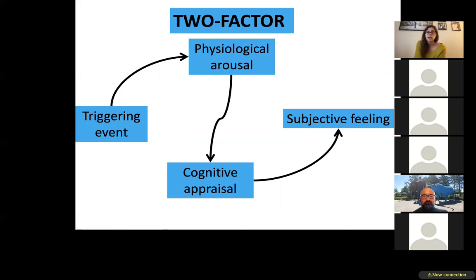So in this theory, we have a cognitive appraisal aspect. The physiological symptoms might happen first, and then comes the cognitive appraisal, where you ask, what is it that's leading me to experience these bodily experiences? And then you get to your subjective feeling.